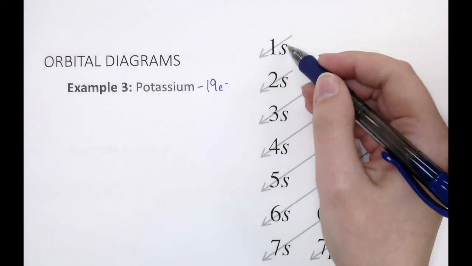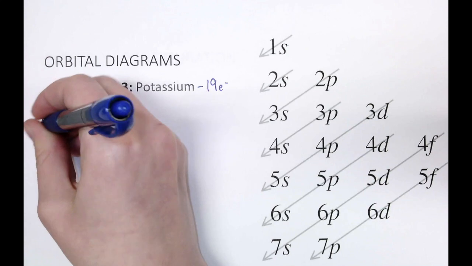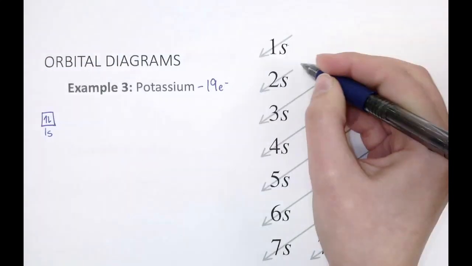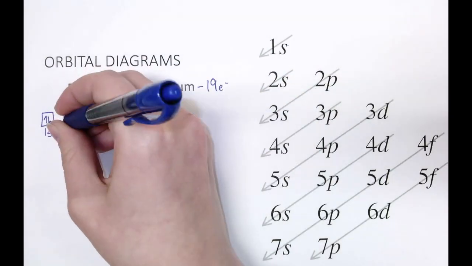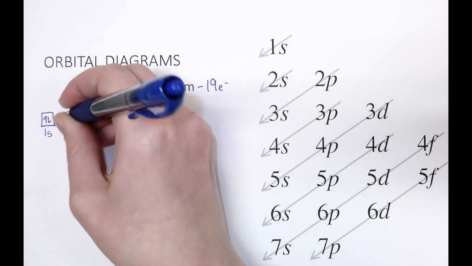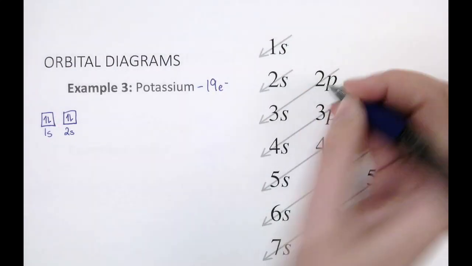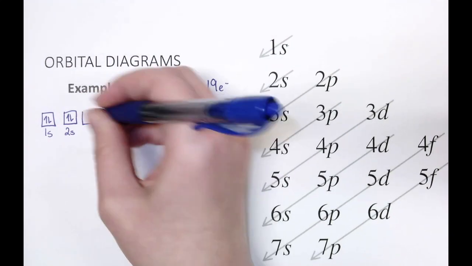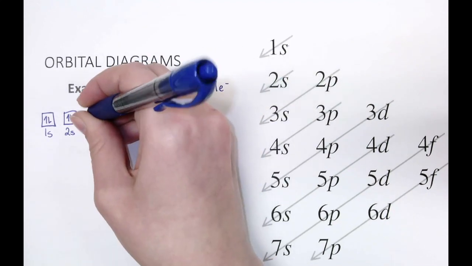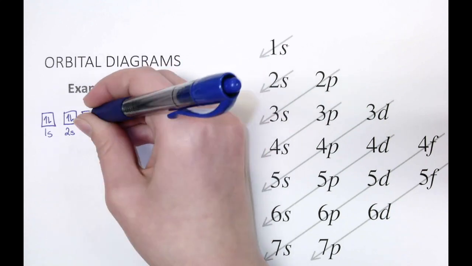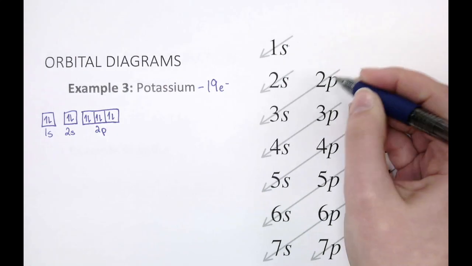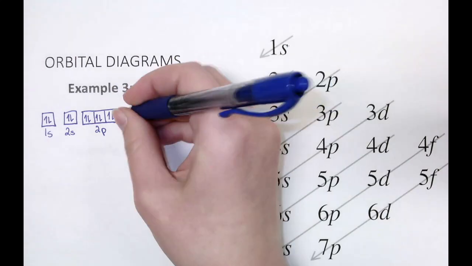So according to our chart, my first is the 1s, followed by the 2s, followed by the 2p. After 2p comes 3s.